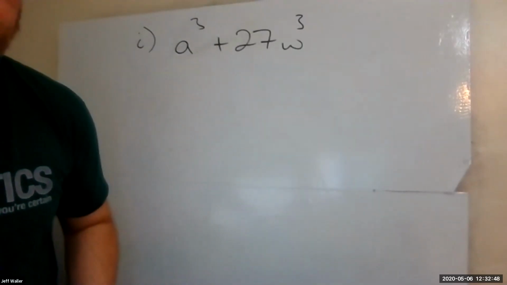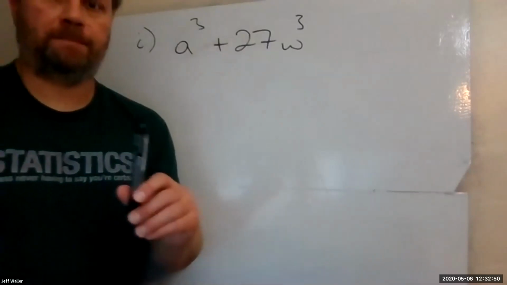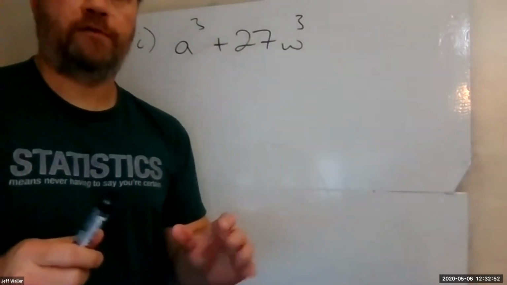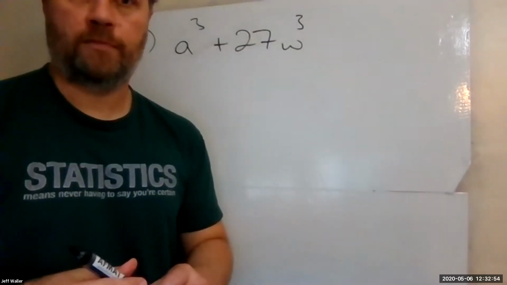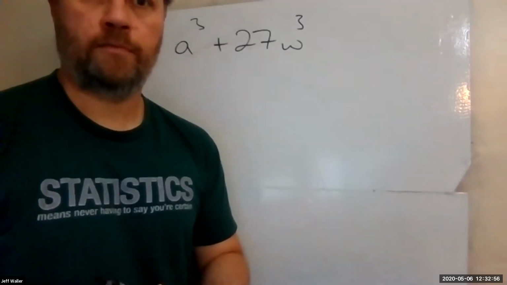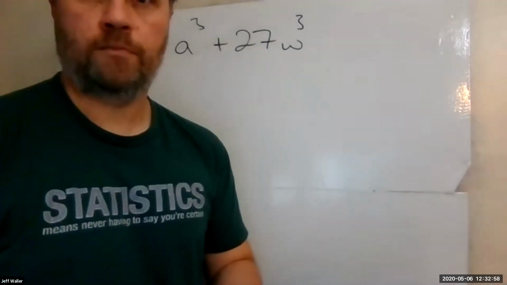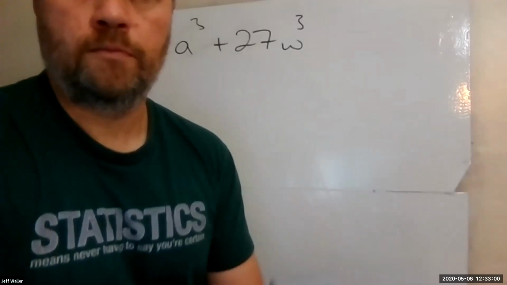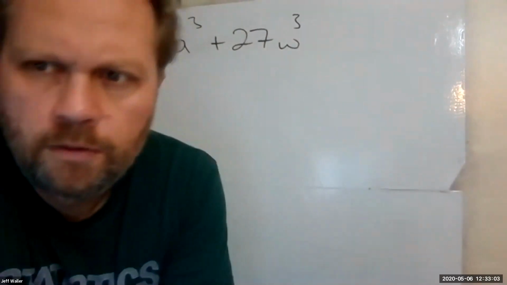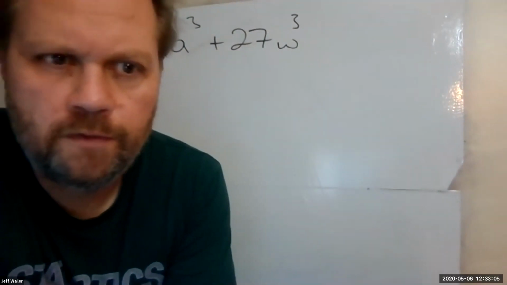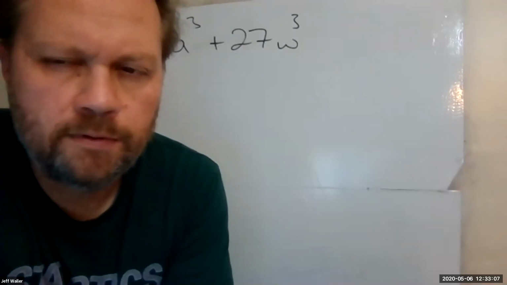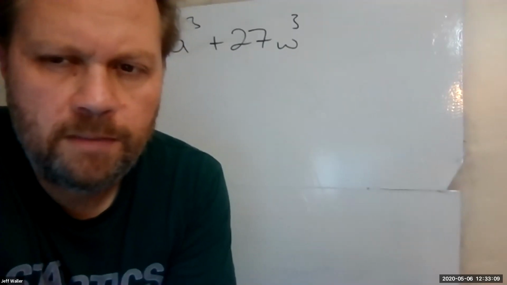So what are the steps involved? What's always the first step when you're trying to factor an expression? Anybody? What's the very first step? Maybe I should do this.